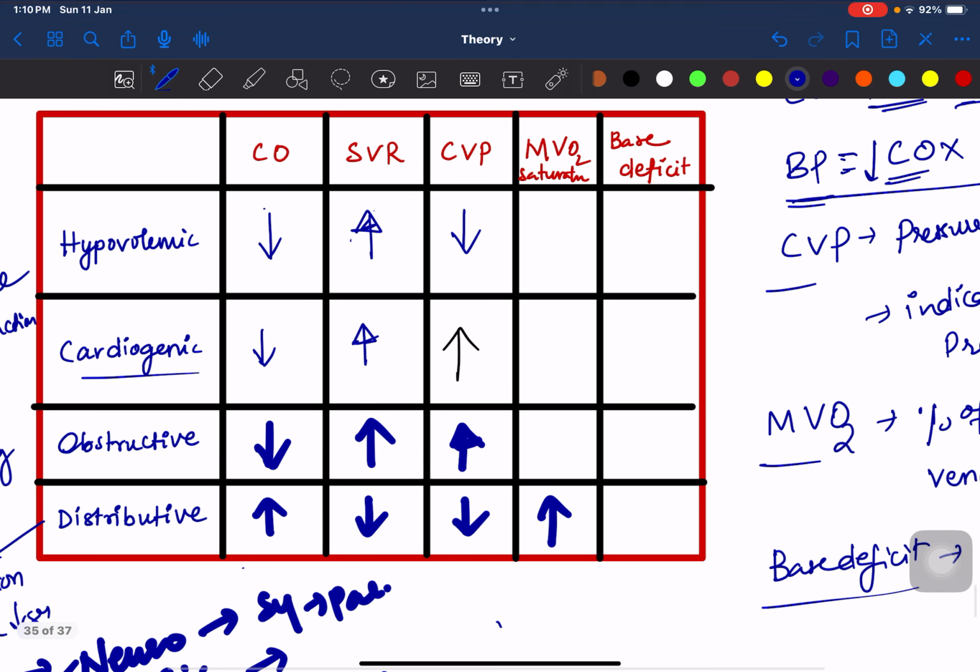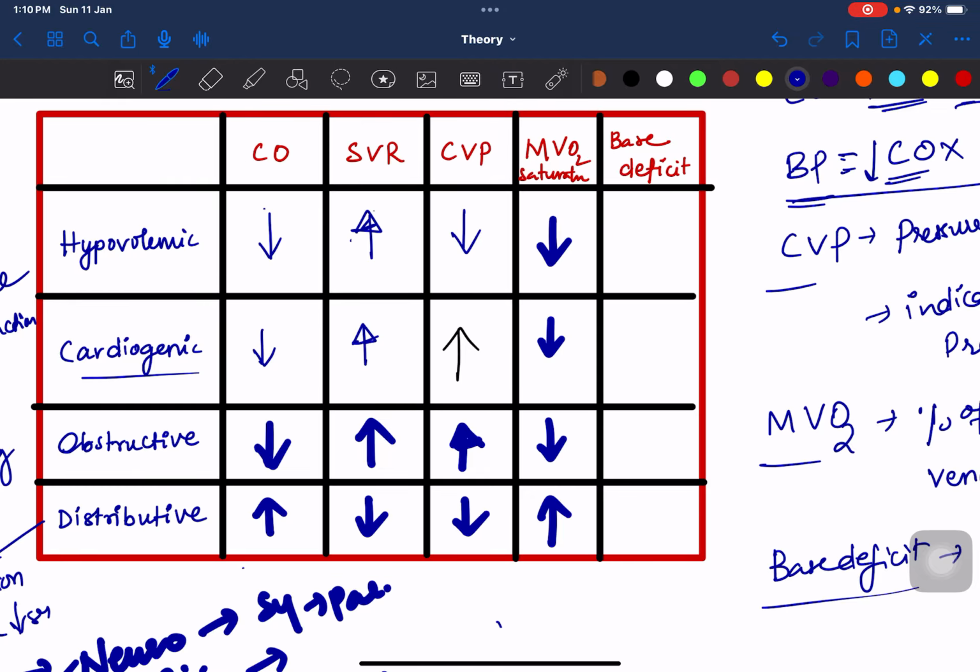While in the remaining shocks, the mixed venous oxygen saturation decreases, again for various reasons. See, shock by definition is decreased tissue perfusion, right? Even in distributive shock, there is no adequate tissue perfusion happening, but still the MVO2 is high.